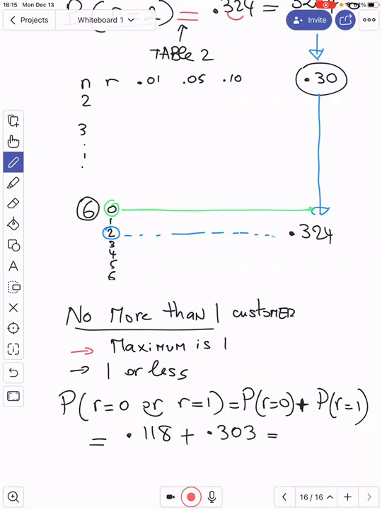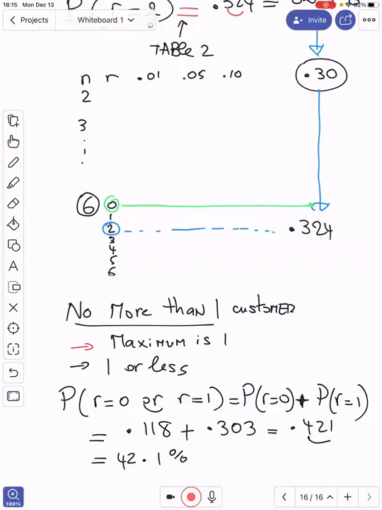Right, so the answer is 0.421, which is actually 42.1%. Again, 2 digits, and then you put your decimal point. Okay, so that's no more than 1. So maximum is 1. If it says, for example, no more than 3, the maximum is 3, so there'll be 0 or 1 or 2 or 3, etc.